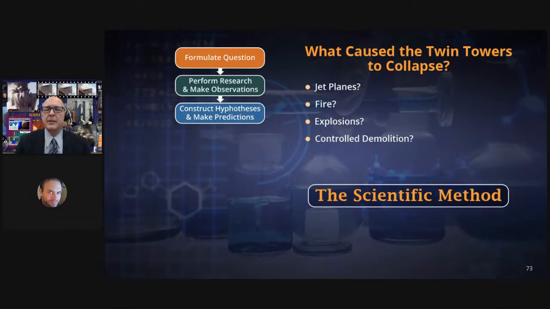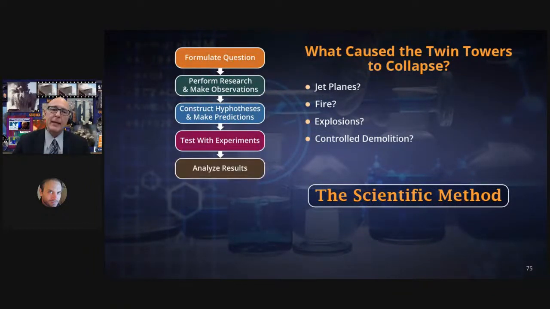All of the hypotheses are laid out without respect to our own personal financial or political obligations that might sway our objective opinion in the matter of how these towers came down. We make predictions about those hypotheses. We test them with experiments. We analyze the results.